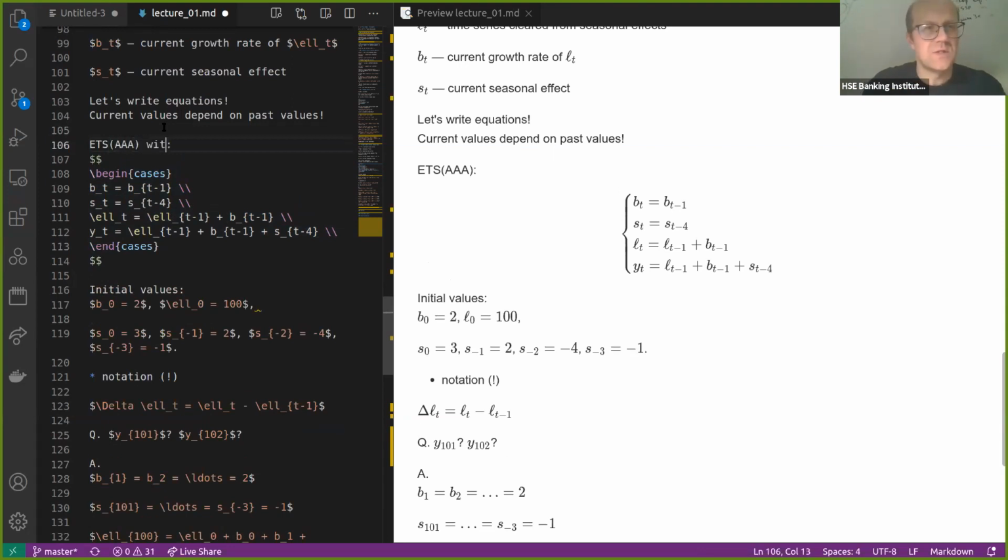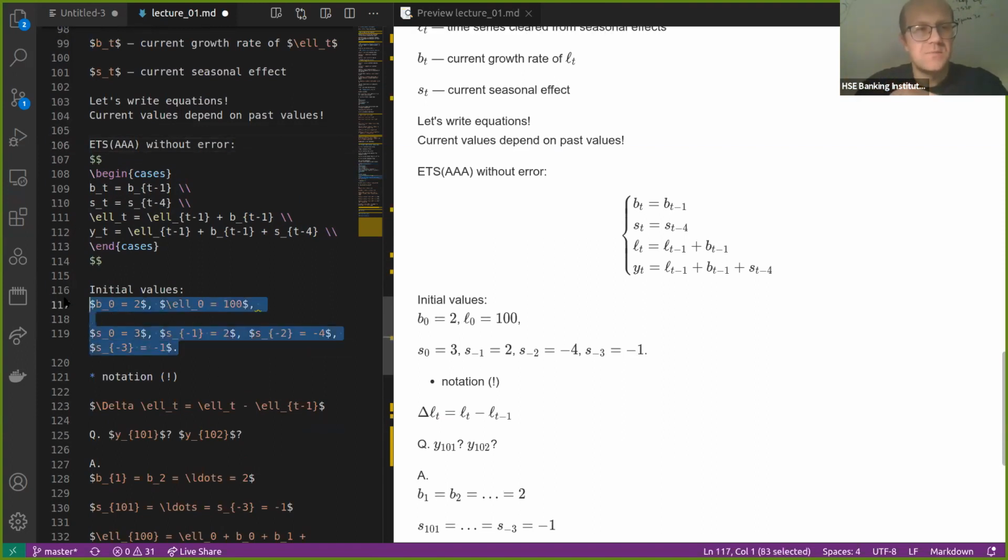And there are parameters that will be estimated by the computer by maximum likelihood. The computer will estimate B0, L0, S0, S-1, S-2, S-3.